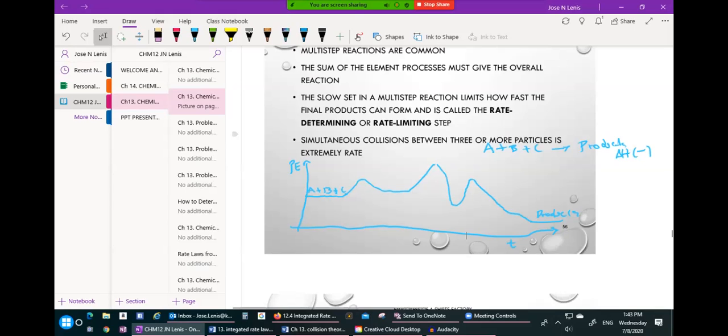So let's check activation energies. Here, how do you measure activation energy in this graph? Find the potential energy of reactants. And this is the first hill, the first transition state. So this difference of energy will be your activation energy for step 1.